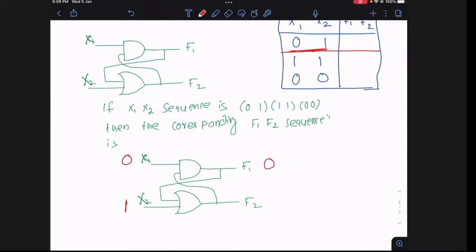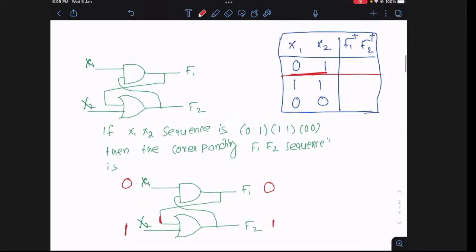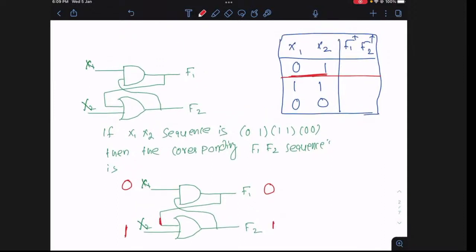Similarly, 1 is the input to the OR gate, so irrespective of the other input, this output is 1. So I can say that if the input is 0, 1, the corresponding next state value of f1 is 0 and f2 is 1. Remember, the value I'm writing is irrespective of the previous states. If I'm directly fixing it to 0, 1, it doesn't matter what is here and what is here. So this is the final steady state output.